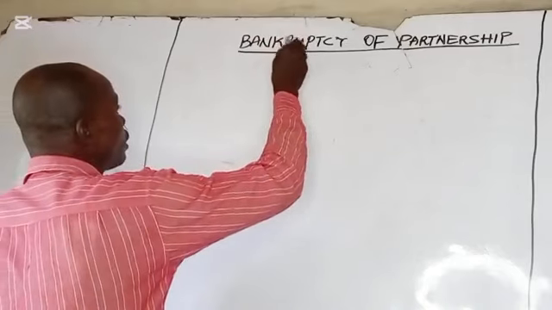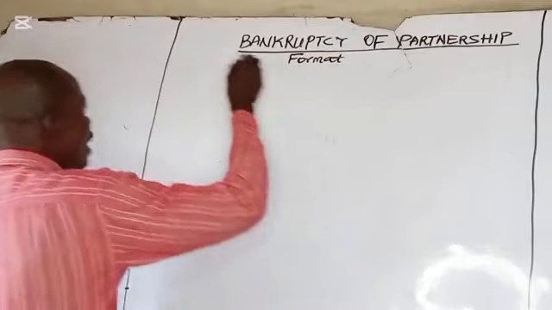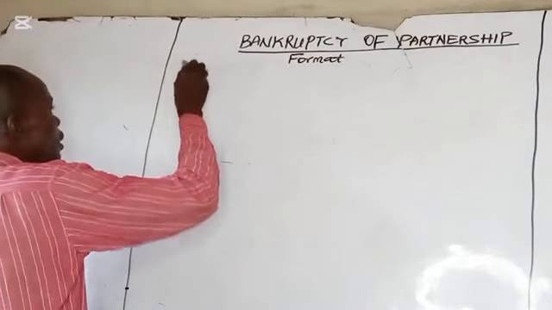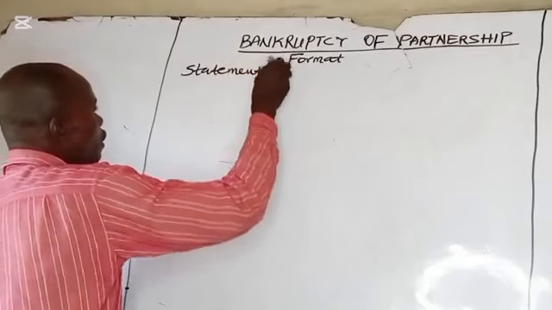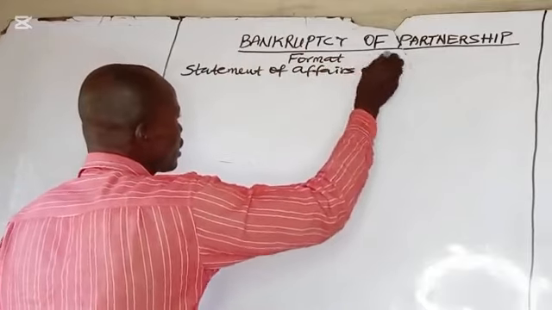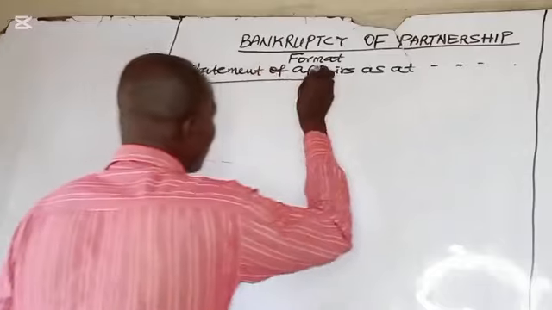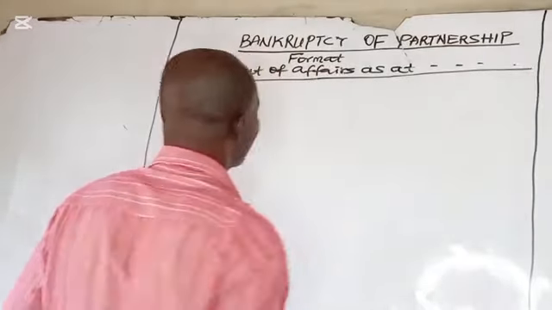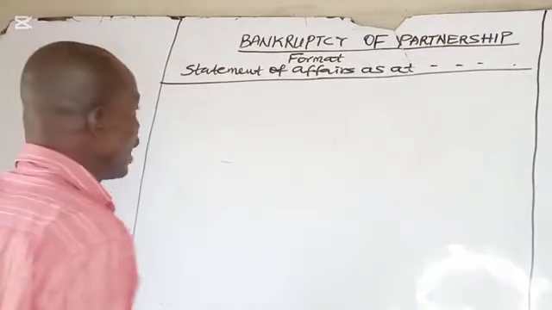Format of statement of affairs. So we have statement of affairs as at, you specify the period. So you have the liability side and the asset side.